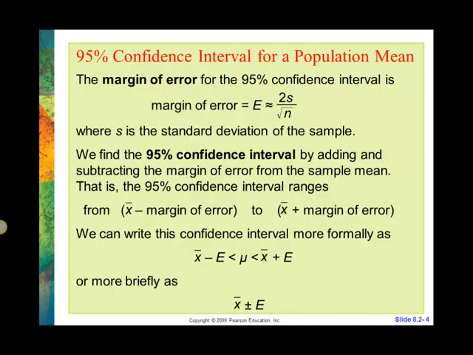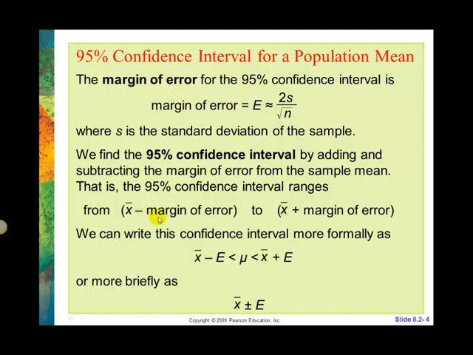Okay, and so the confidence interval has a margin of error, and the margin of error is calculated by taking 2 standard deviations and dividing by the square root of n. That margin of error is then subtracted from and added to our sample mean to say that we believe the population mean is between these two values.